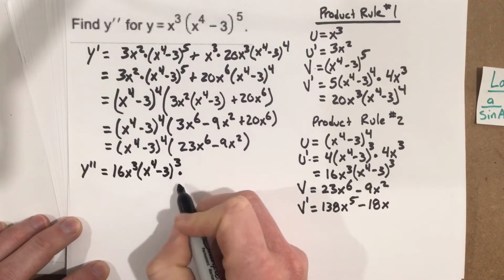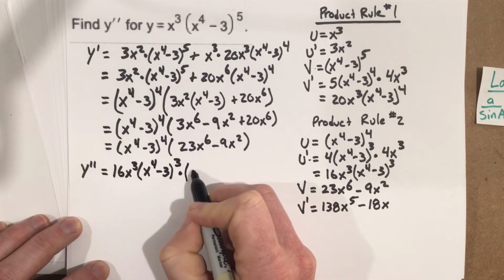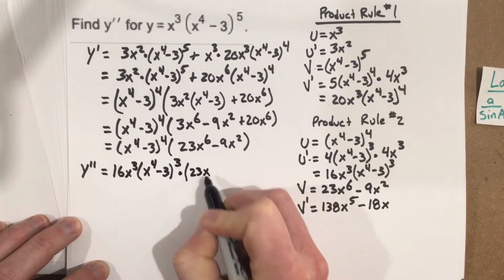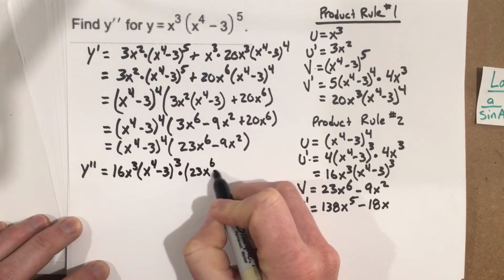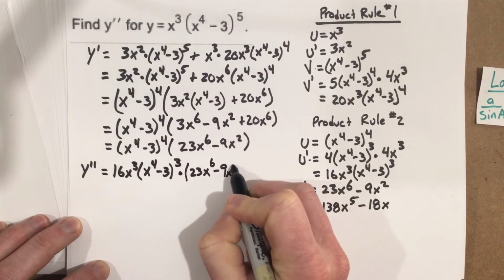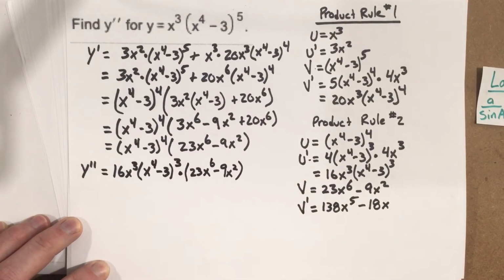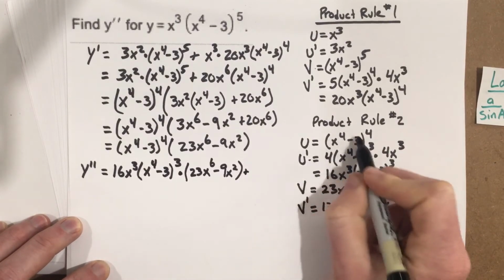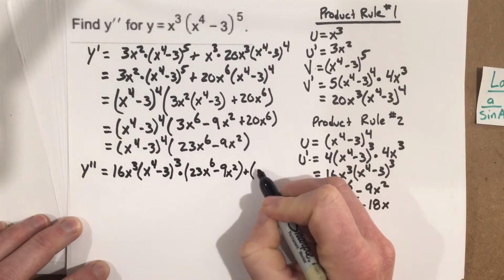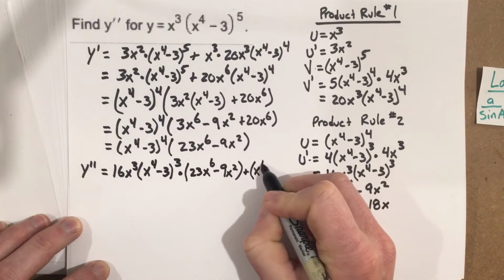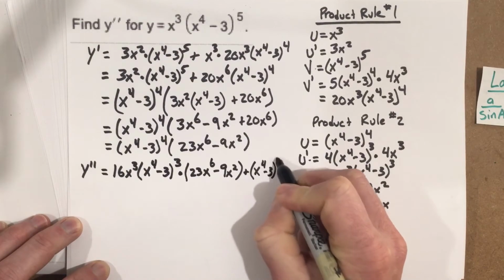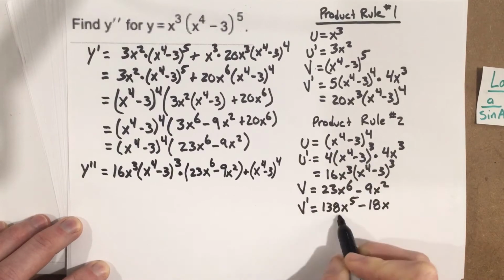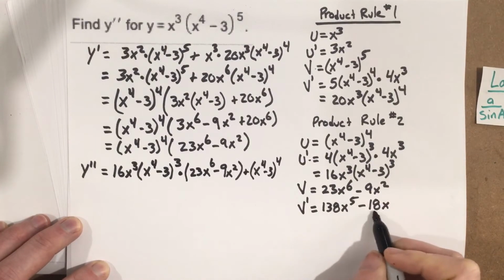So times, and I'll put this in parentheses, 23x to the 6th minus 9x squared. Plus, we're going to have to squeeze this a little bit, u, which is (x to the 4th minus 3) to the 4th, times 138x to the 5th minus 18x.